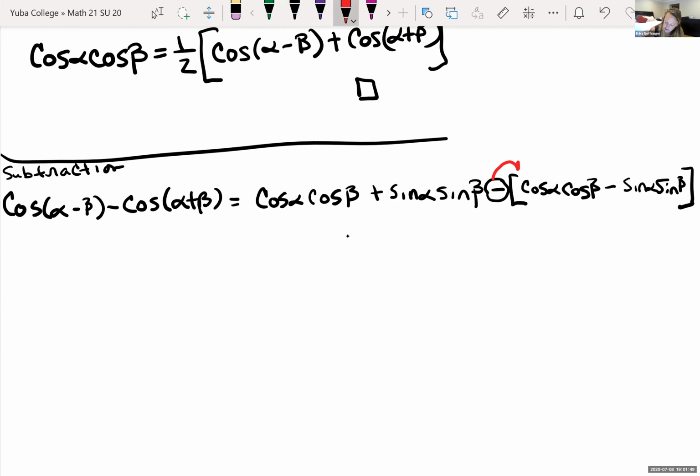So distributing, we would get a cosine alpha, cosine beta. The other like term here is negative cosine alpha, cosine beta, so those cancel. And then sine alpha, sine beta, but then we also have a plus sine alpha, sine beta.